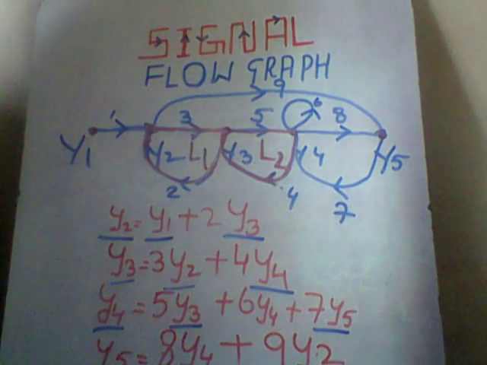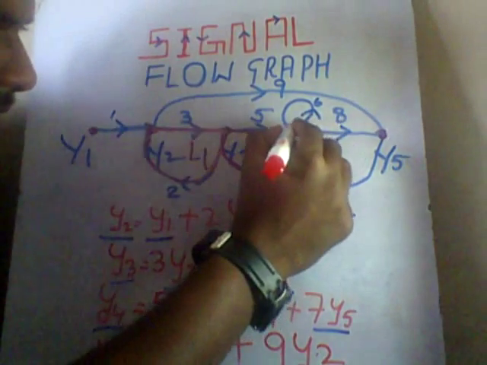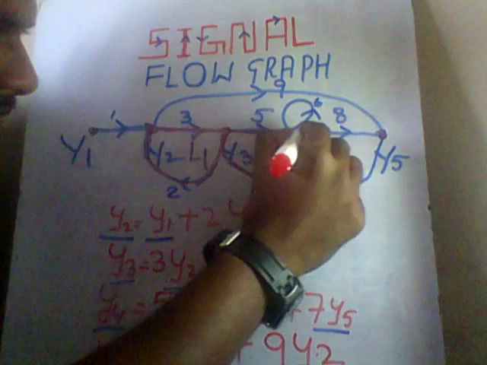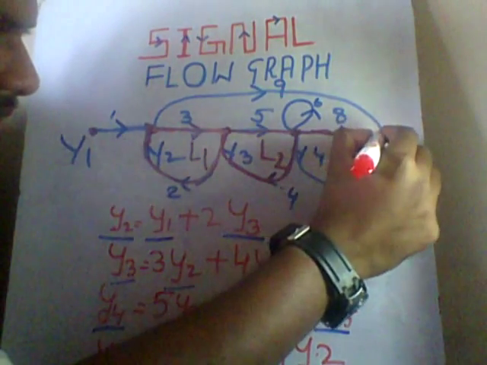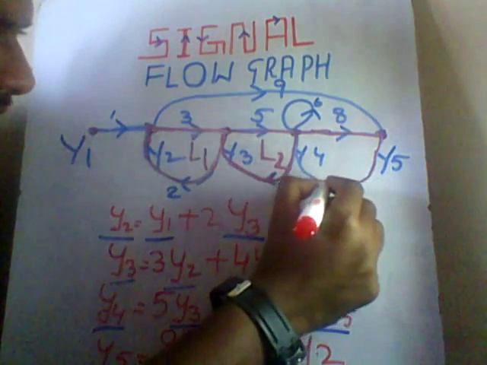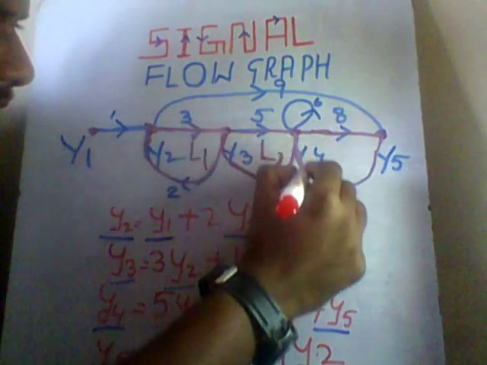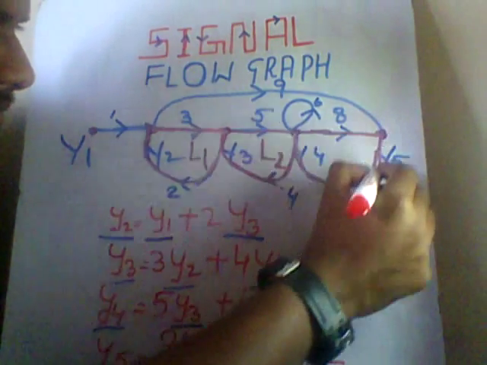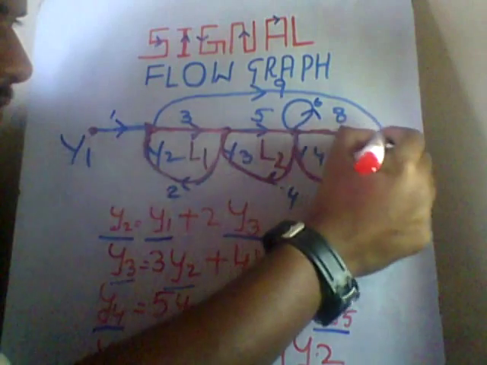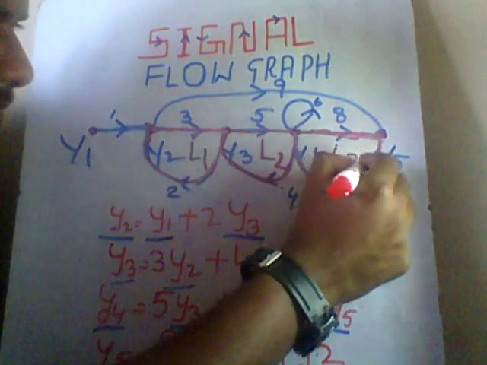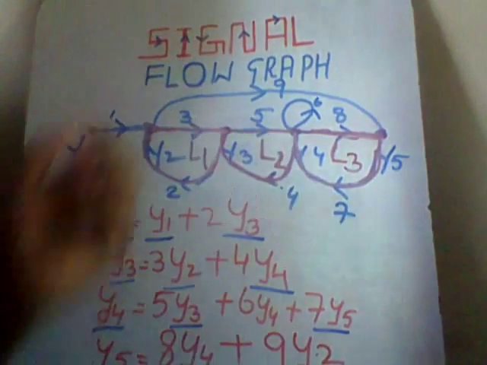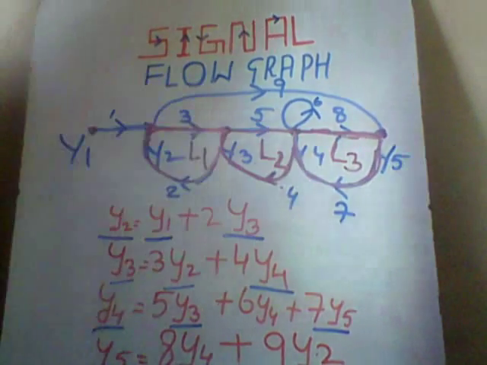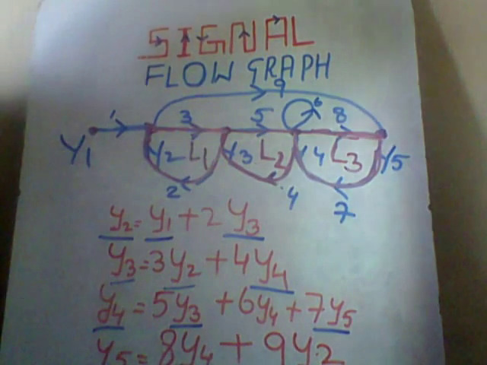Next. Similarly, a loop is a path which starts and terminates at the same node. So this is loop 3. So how many loops did we get? L1, L2, L3. See, is there any other?